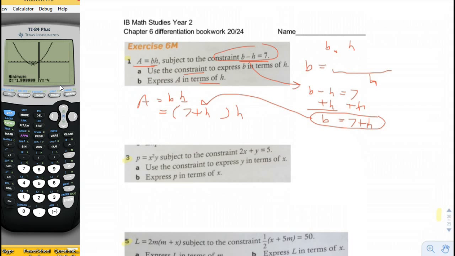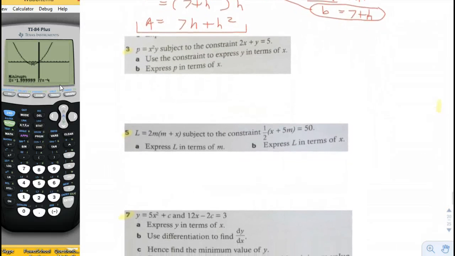So now we've rewritten A so that it only has the variable h in it, no more variable b. And so now we can either leave it like that, or we can multiply it out and get 7h plus h squared. So that would be the answer to part B.